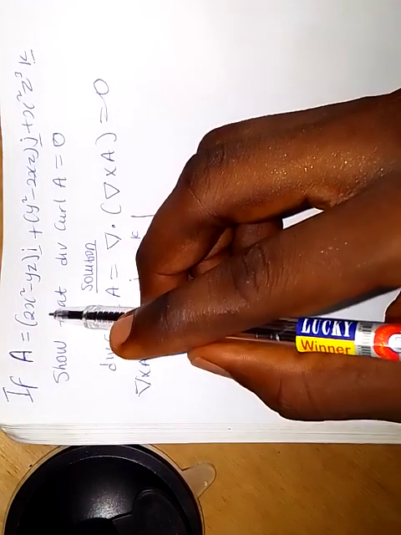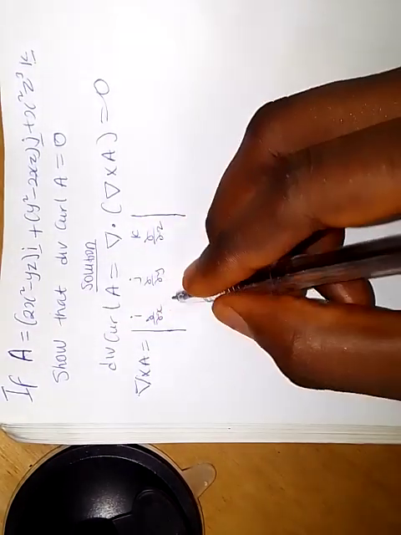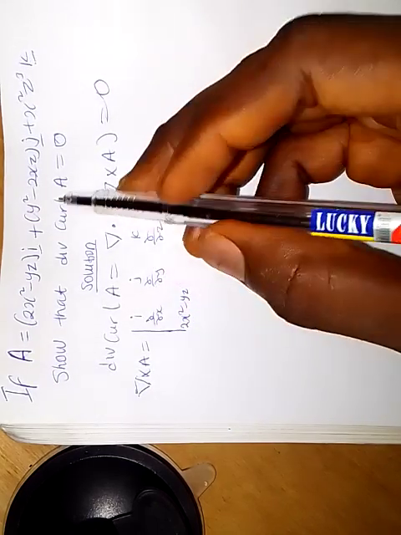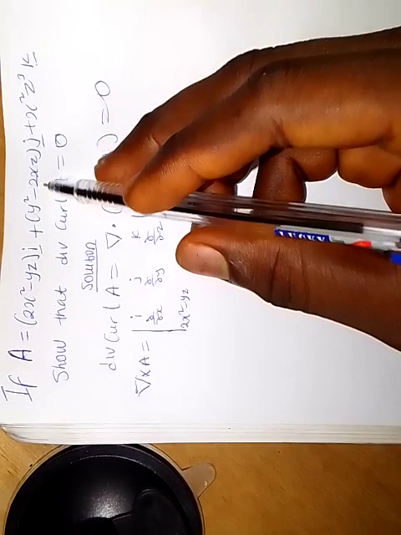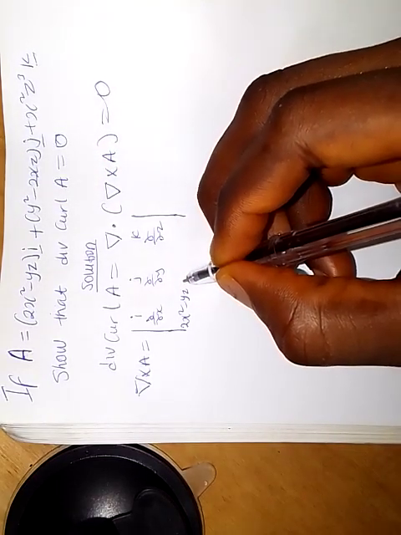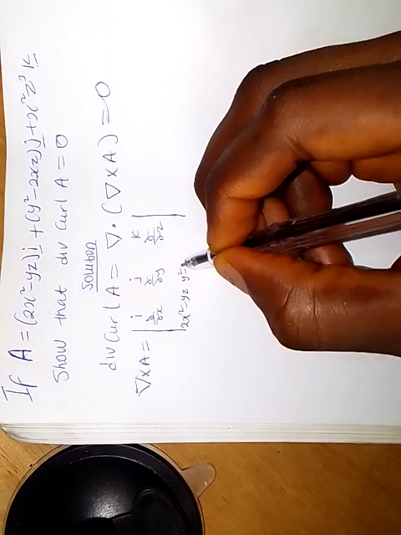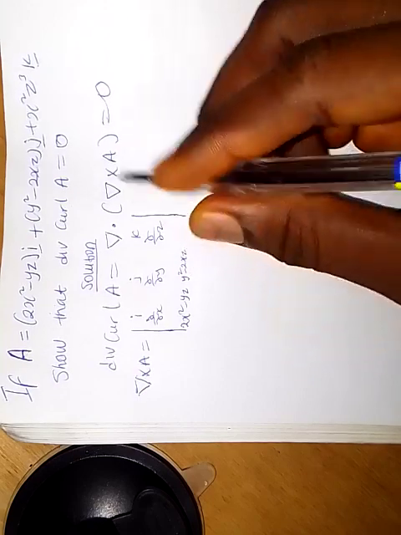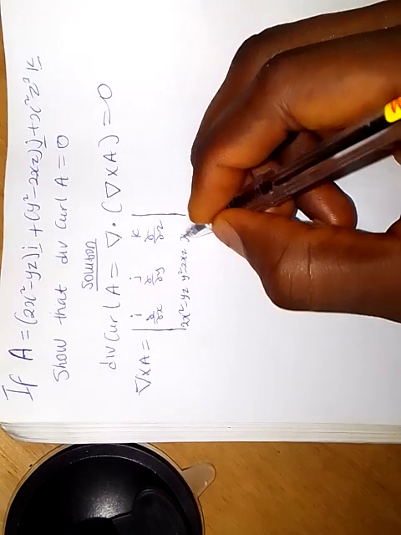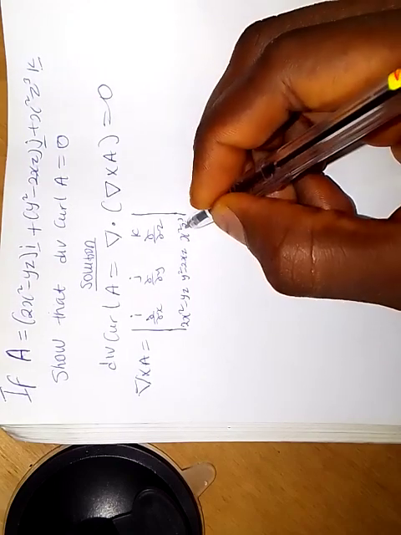For the i component, we have 2x² minus yz. For the middle component, which is j, we have y² minus 2xz. And for the last component, which is k, we have x²z³.